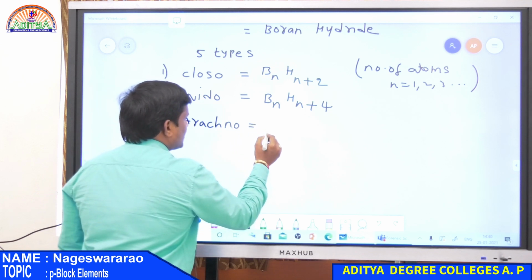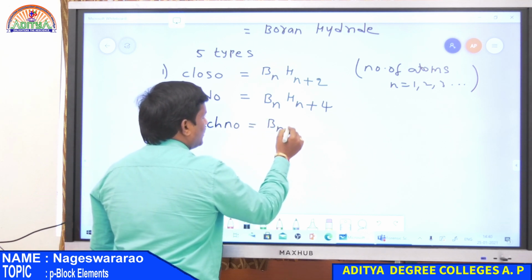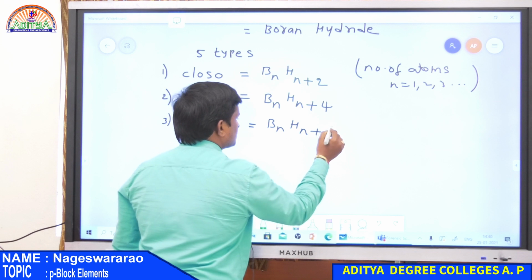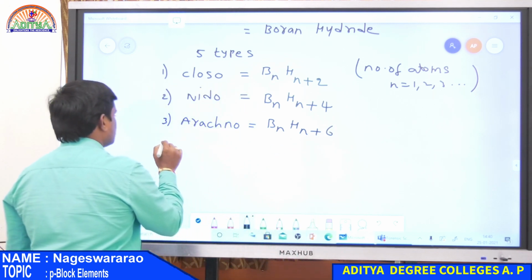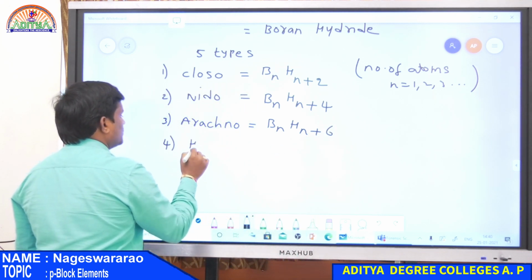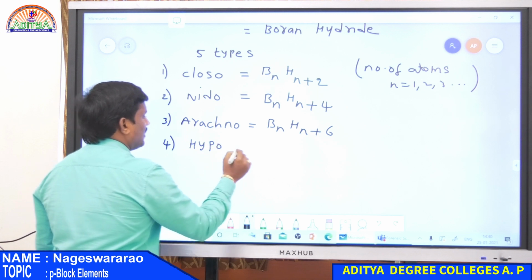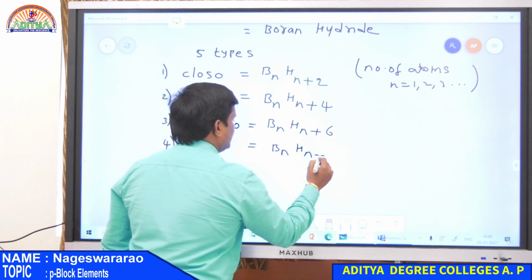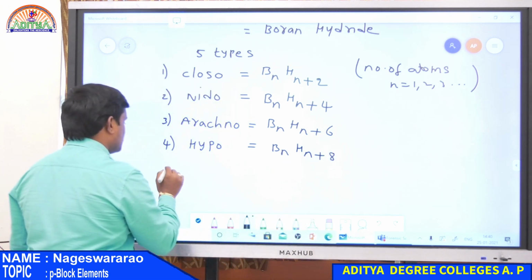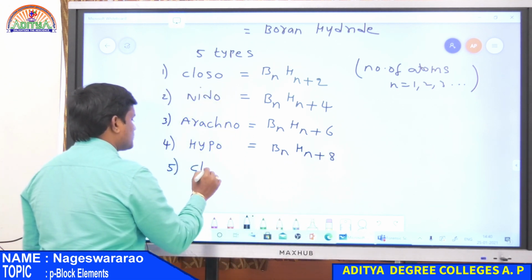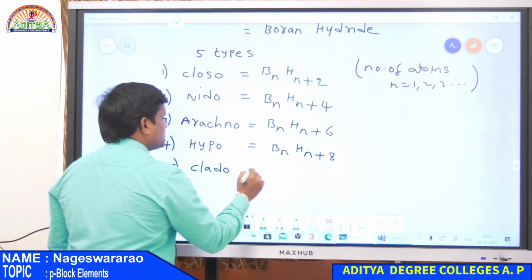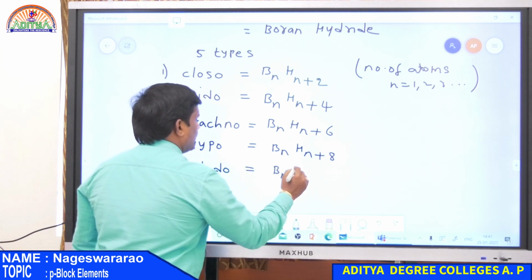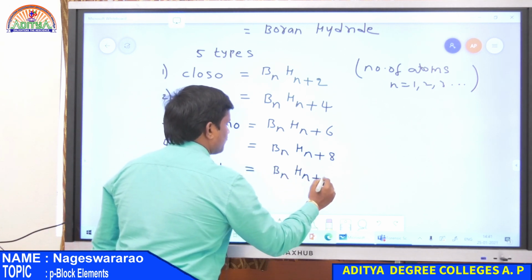It has the general formula BnHn+6. And the fourth one is hypoboranes, having the general formula BnHn+8. And finally the last one is cladoboranes, having the general formula BnHn+10.